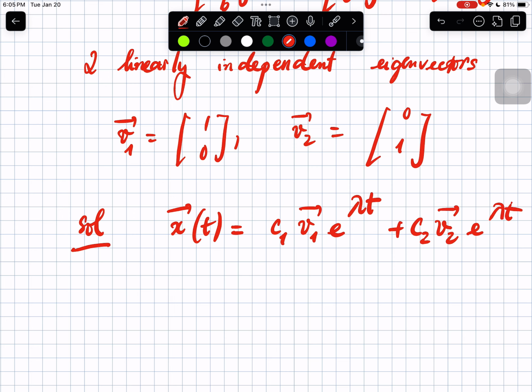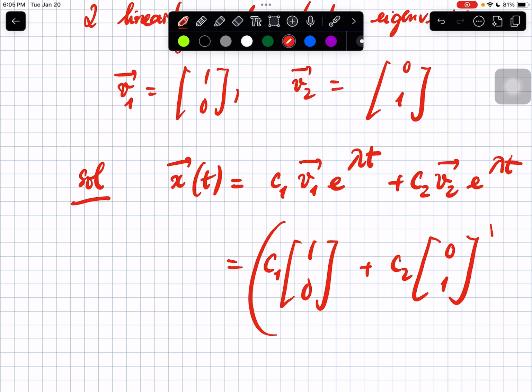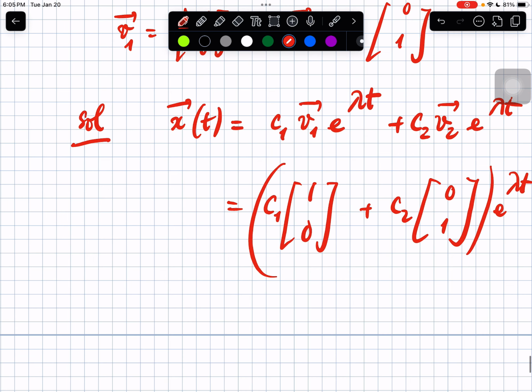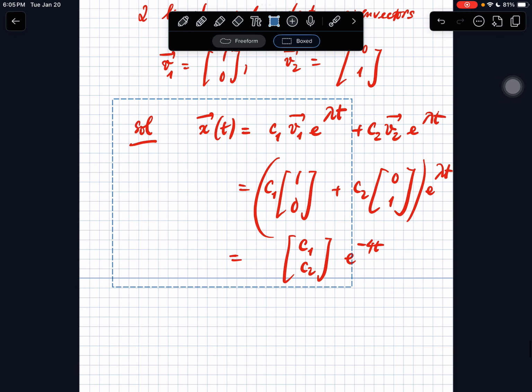In our case, lambda1 and lambda2 are the same. So we have c1 times (1, 0) plus c2 times (0, 1), times e^(lambda t), with lambda equal to -4. This is the general solution.